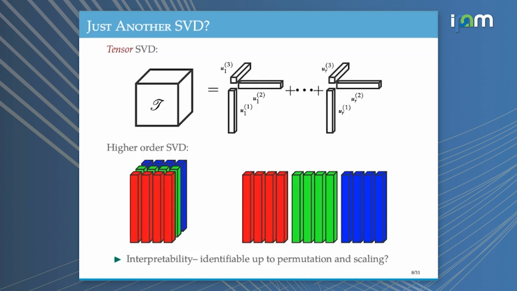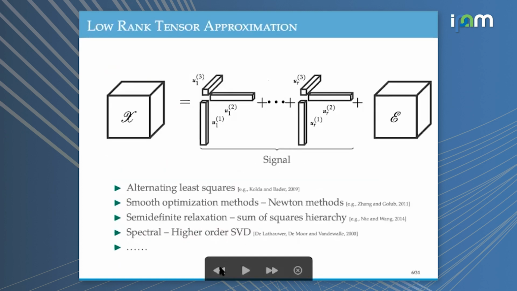So how much variation you could explain, because if you think about X, you can look at the variation among all the entries of this tensor. And then you look at the variation that's explained by the signal. And obviously, when you increase the rank, the more percentage of variation you can explain by the signal.